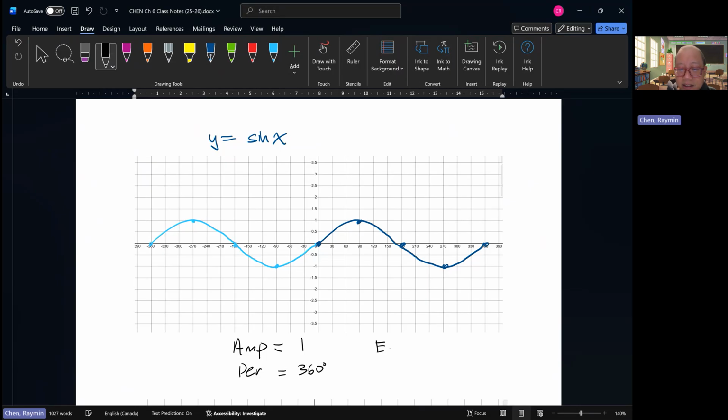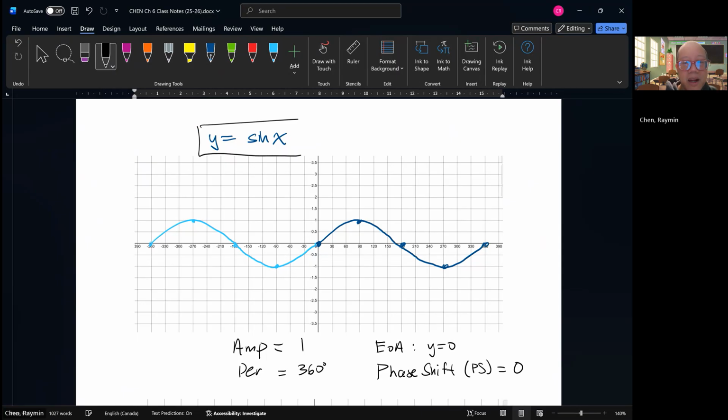The equation of the axis is clearly y equals 0, the horizontal line. And PS stands for phase shift. In this case, there is none, because this is considered the parent function, or base function.